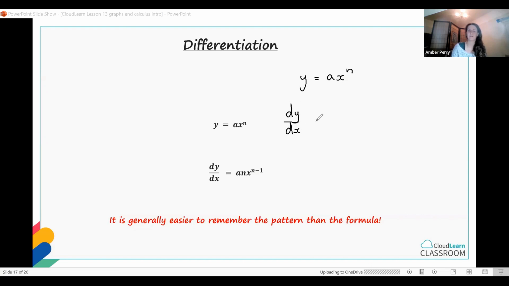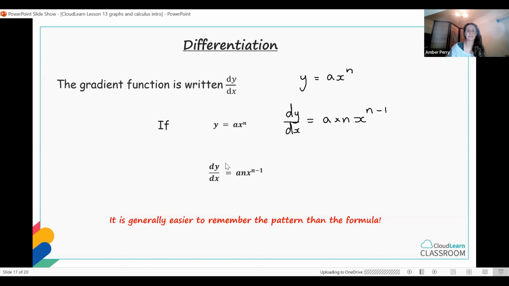So that's all you need to worry about there. But that's what we call it. dy by dx is always going to be a times n times x to the power of n minus 1. So you just think about that pattern, bring the n down, times it by the a, and then reduce the power by 1.